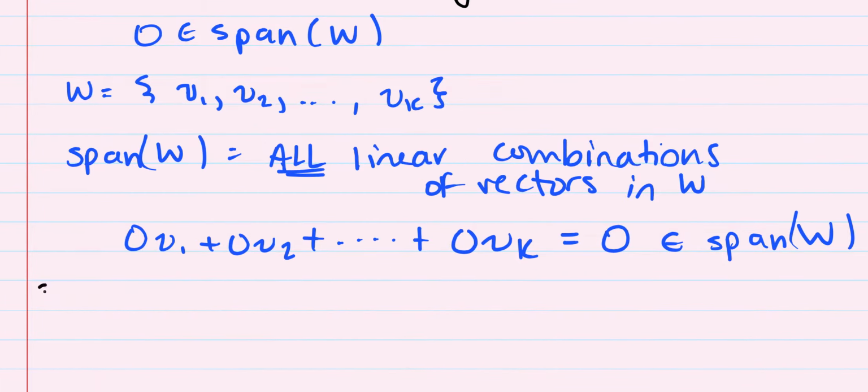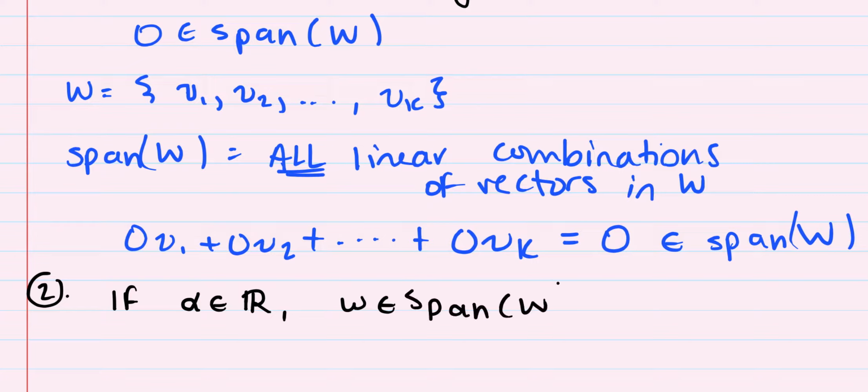The second thing you need to check, you can do it really in whatever order, but you need to show that if alpha belongs to the real numbers and w belongs to the span of W. In fact, I want to use a different letter than alpha. Let's use sigma.